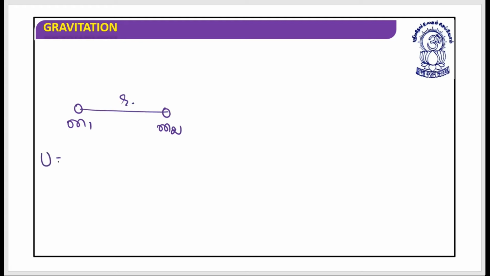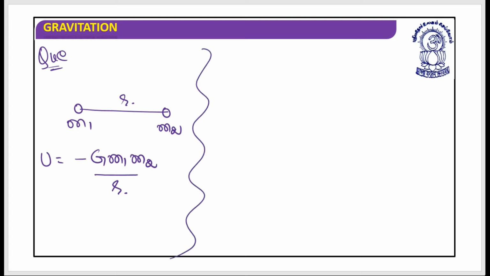So if I want to define the potential energy, I will write it's minus G into m1 into m2 divided by r. I hope this is clear. Is it clear? So this is the potential energy of these two masses. Any doubts up till now? No? Great. Let's go to the next.